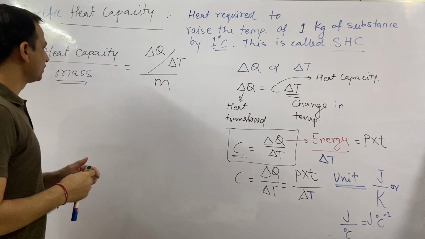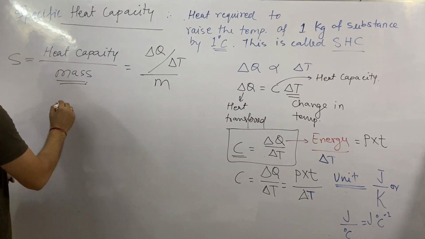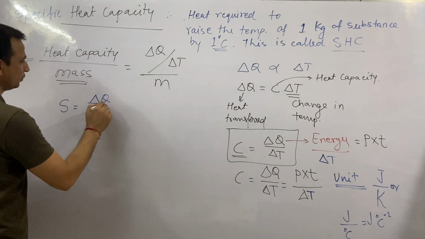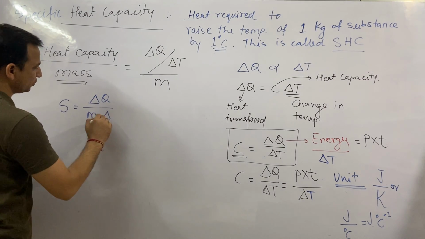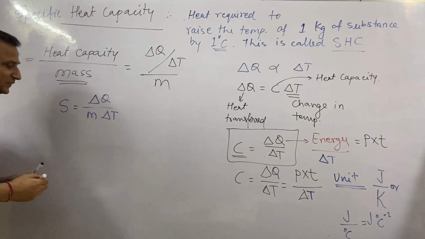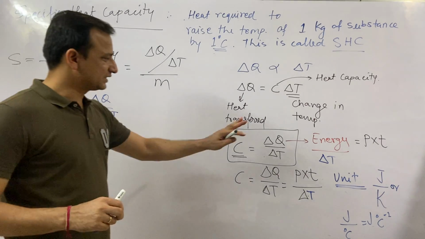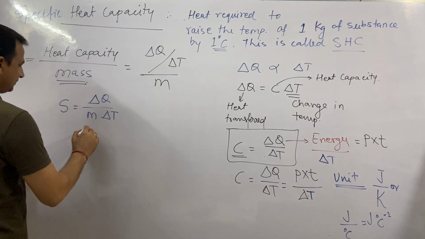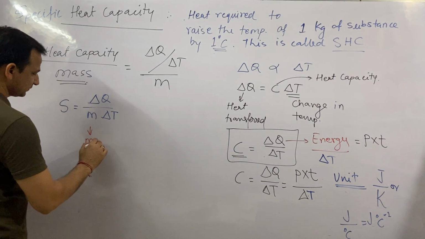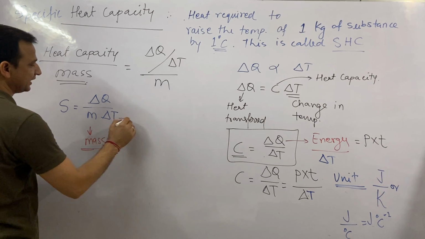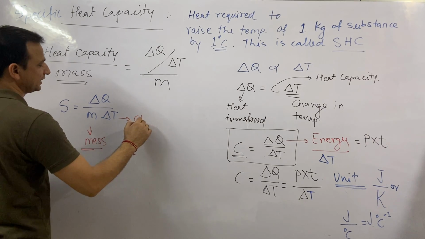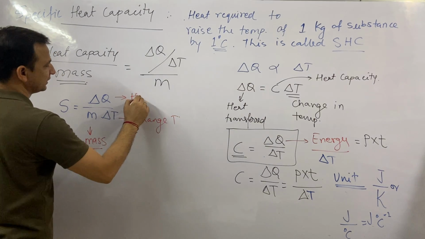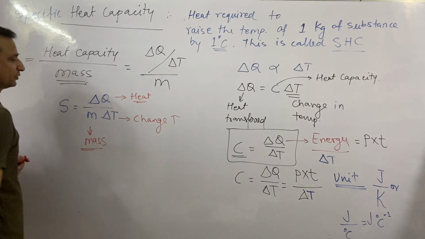So now if you write this again, you will get S is equal to delta Q by M into delta T. Now you already know what is delta Q, delta T, and M is here the mass. Delta Q, change in temperature, and this is heat transfer to the system.